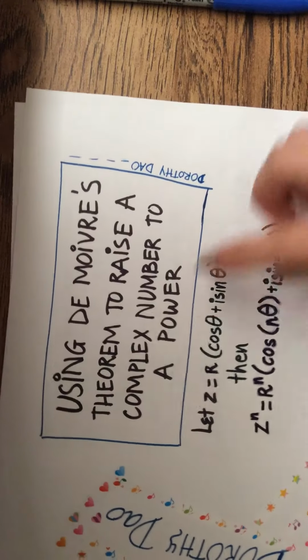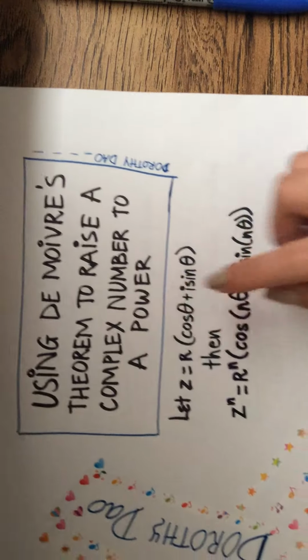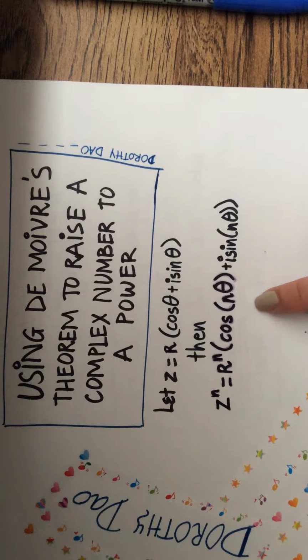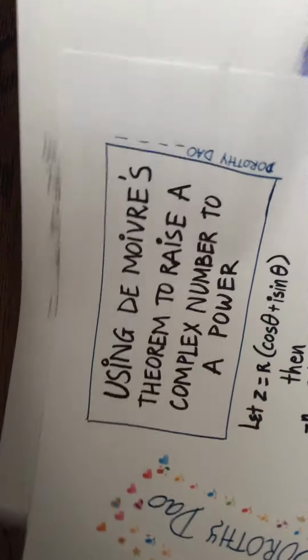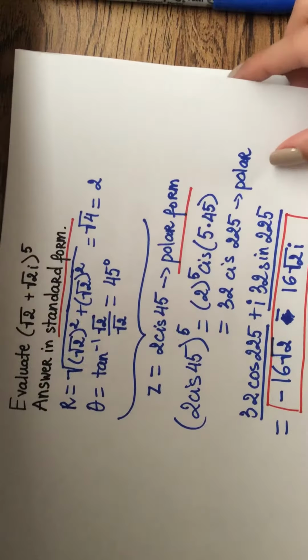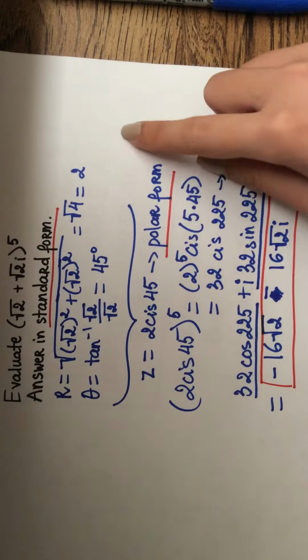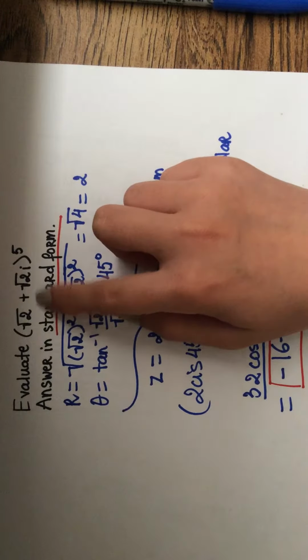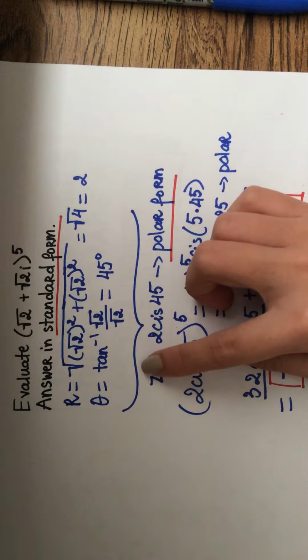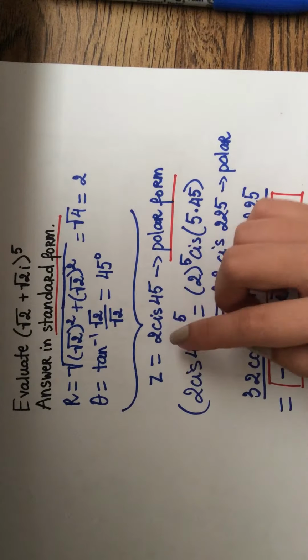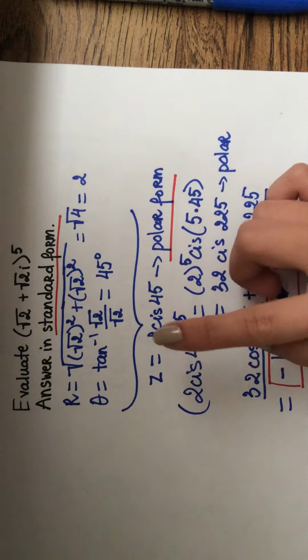We finished with the first part, which is using De Moivre's theorem to raise a complex number to a power. This formula right here is literally all you need to use, but your number needs to be in polar form for you to use it. If your number is not in polar form, you need to translate it into polar form. So you find your r and your theta, and then put it into polar form.